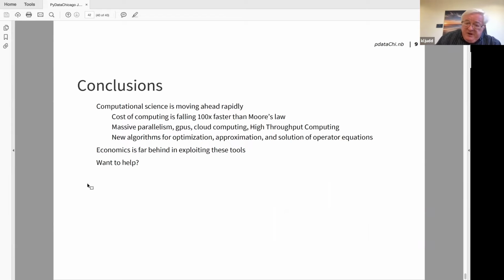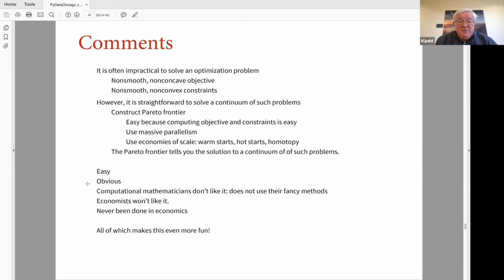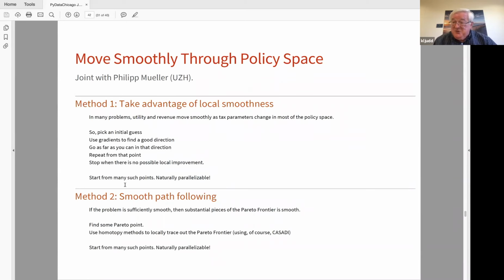We now have massive parallelism, GPUs, cloud computing, high throughput computing, new algorithms for a variety of things. By the way, I forgot to mention this: we are using Python. Philip Mueller is using Python to do this.